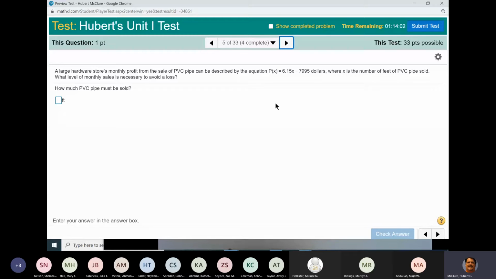So anything below 0 would be a what? 0 and below is what we usually call a what? Loss. So I would assume that they're going to set this equal to 0.